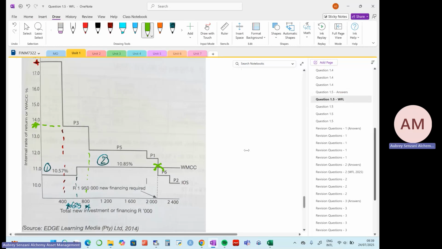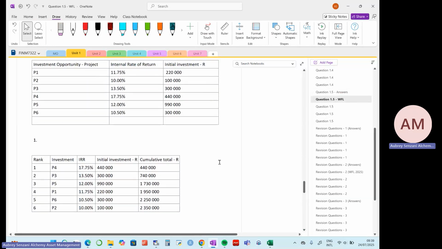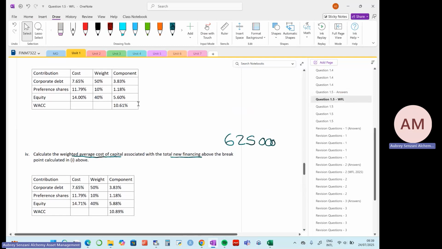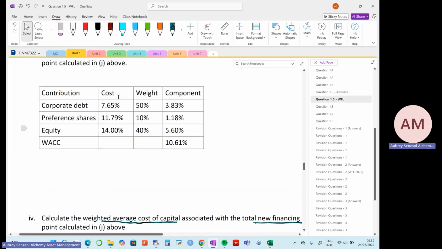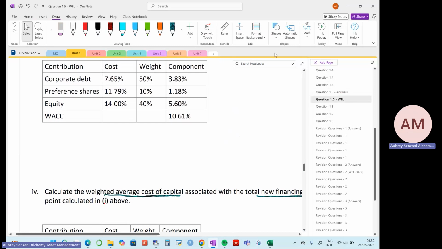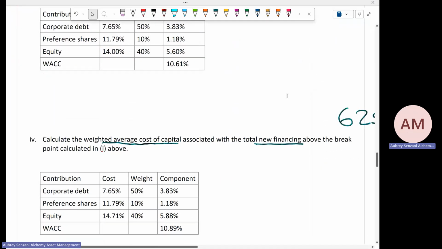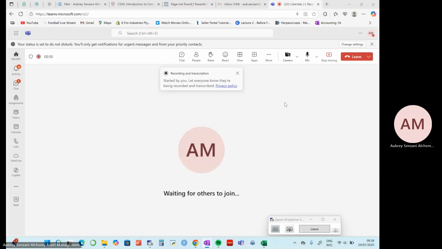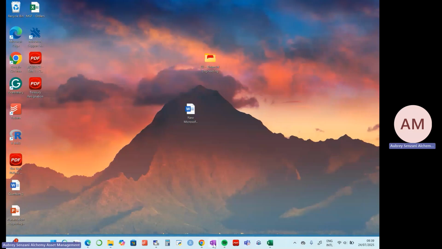Going back to the WACC calculations. Yes. To both of them or one of them? Okay, I can't show both of them. Let's try this.